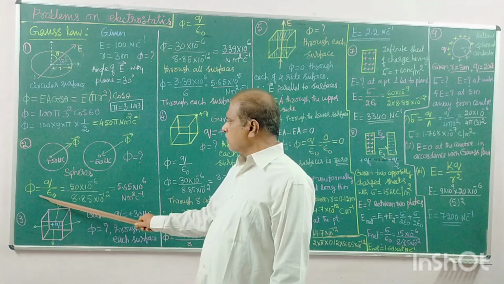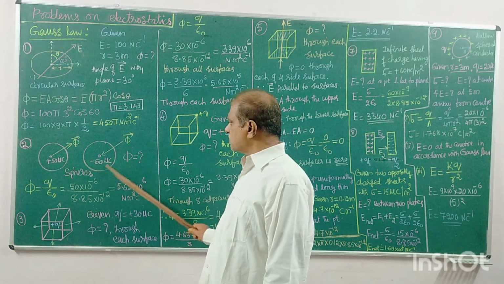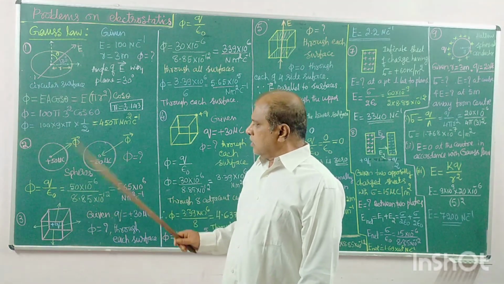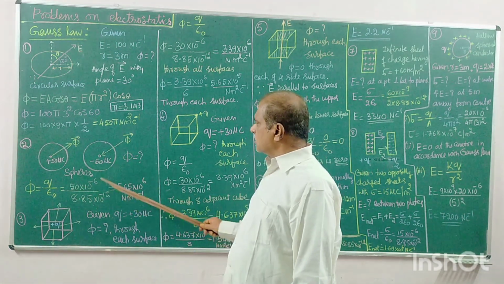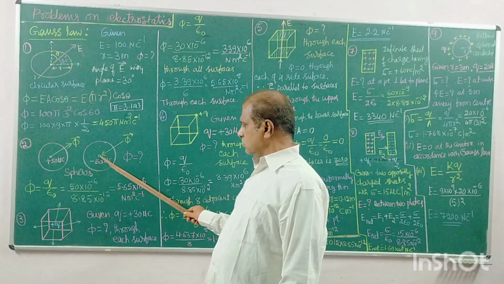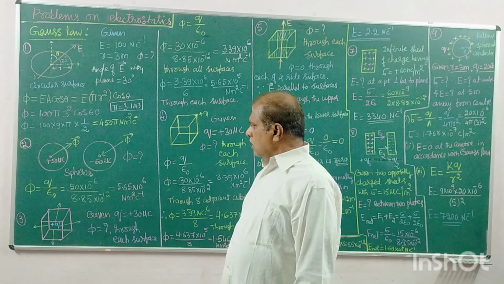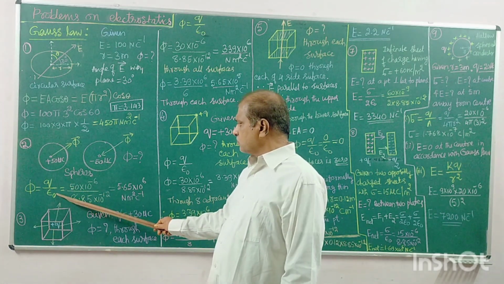Recall the formula for the electric flux for the symmetric surface, because this is Gauss law. Gauss law is applicable for a symmetric surface and a symmetric charge distribution. This charge is at the center. The formula is Q divided by epsilon naught.